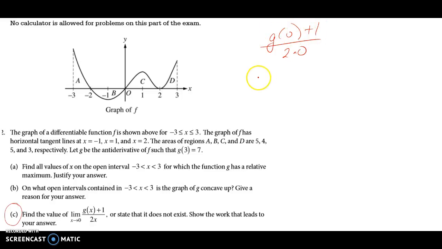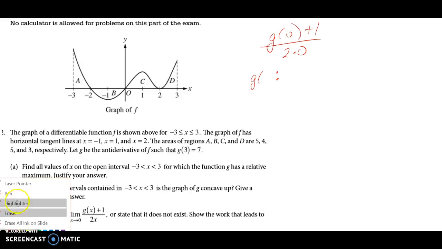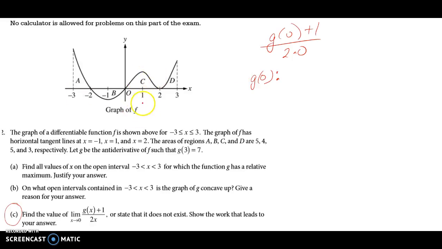Well, to find g of 0, sorry about that stray mark, here we go. We need to realize that we need to use integration to find it, because this is how we get to g from the antiderivative of f.